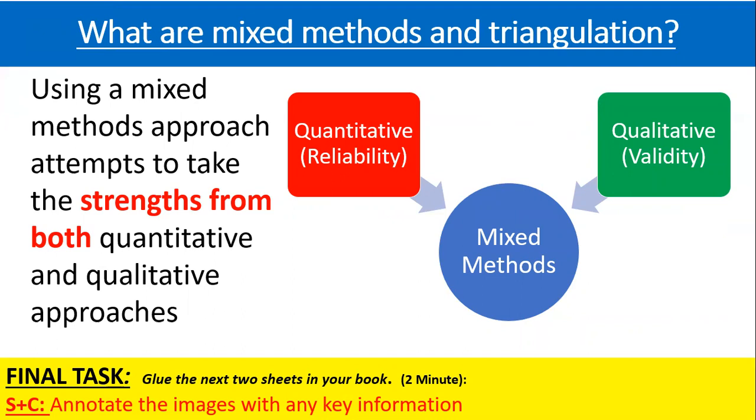So they might have, I don't know, a structured questionnaire that's reliable, and then follow that up with an unstructured interview, which is rich in validity. So you're trying to achieve the strengths of both quantitative and qualitative approaches. And you might want to draw this out, seeing as you haven't got the handouts.